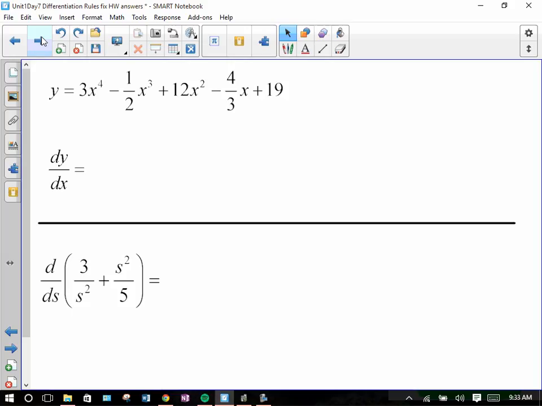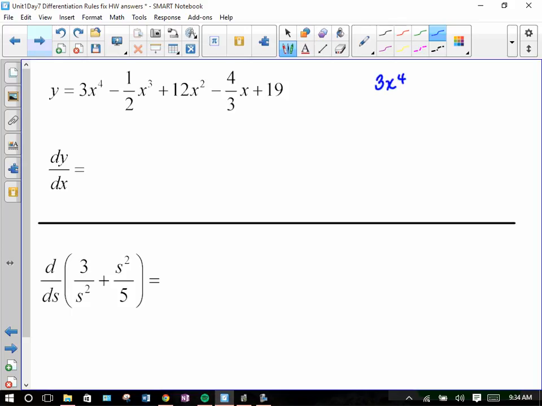So, if we look at this, we notice that these are x's raised to a power. One way that we can think of this is 3x to the fourth, and we can break that up. So, if we go down to the side, we have 3x to the fourth.